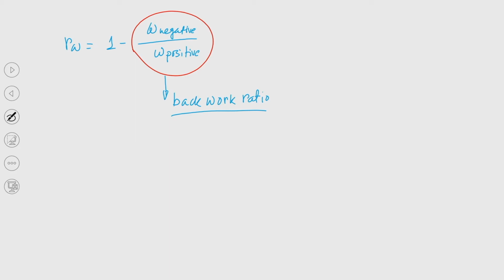So, if W negative is a significant part of the positive work, then RW will be less.